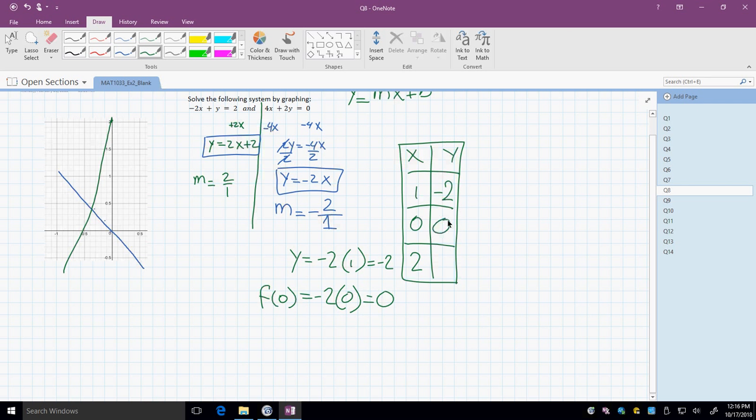So when x is 0, y is 0. And then when I substitute x for 2, I'm going to get a negative 4. That's a way to find exactly the points so you can graph it as you're doing the test on the computer.